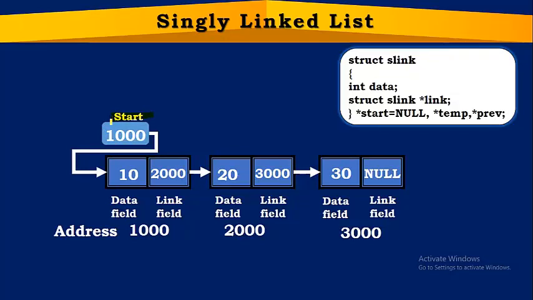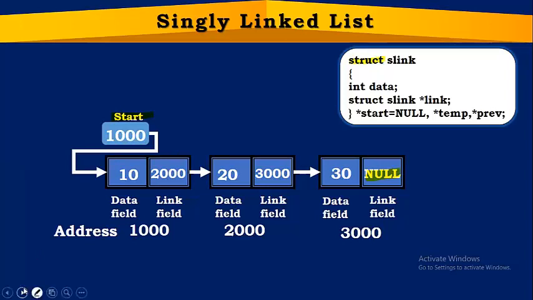Start pointer always points to the first node, and the last node's link part should always be assigned null. These are the two important things which you have to remember. For representing each node, for implementing each node, we are going to use a structure.